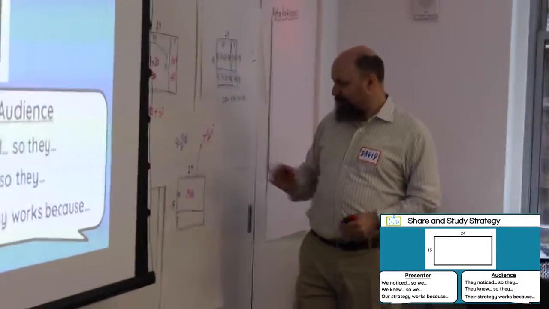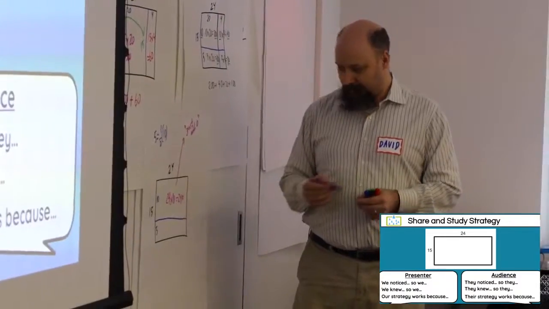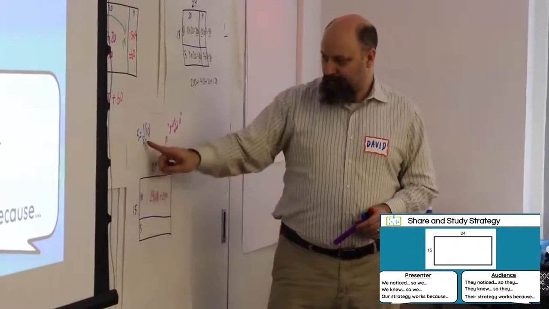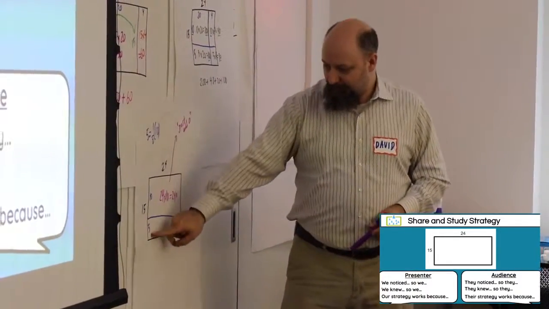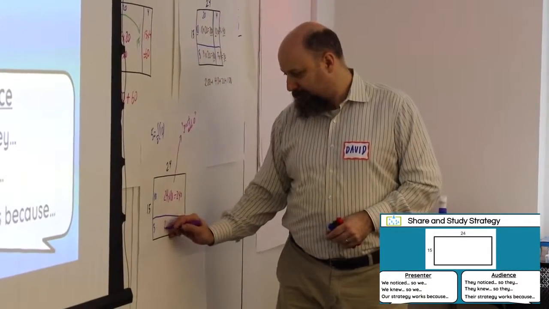Okay. And then he knew that 24 times 10 was 240, because you just add the 0. And then he knew that since 5 was half of 10, the area of that bottom rectangle is half of the top. So it was going to be 120.